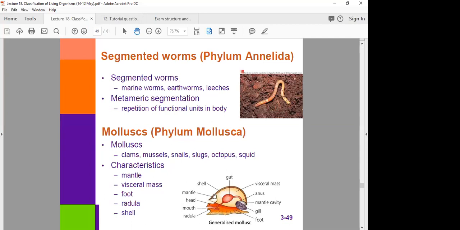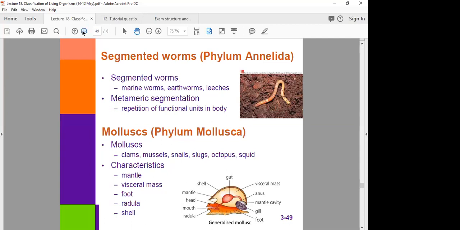Then covering that is this brown region called the mantle, and the mantle in some of the mollusks will secrete a shell. Then we have here a single ventral foot, obviously for motility. And then within the mouth, there's a structure like a modified tongue called the radula, and the radula consists of these rows of rasping teeth.